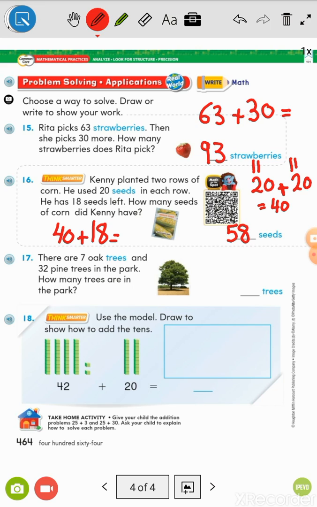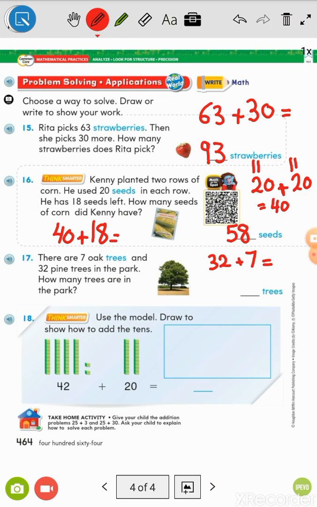Question number 17. There are 7 oak trees and 32 pine trees in the park. How many trees are in the park? We have 32 plus 7. How many in all? We can draw 32 as 3 lines and 2 circles, and 7 as 7 circles, and count how many lines we have and how many circles we have.